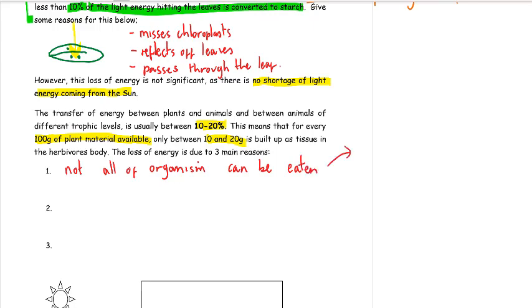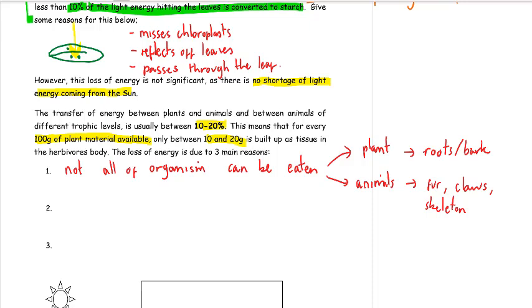Now, if we're talking about the plant, the roots or the bark might not be available to be eaten. If we're talking about animals, parts of that might be fur, claws, or the skeleton.